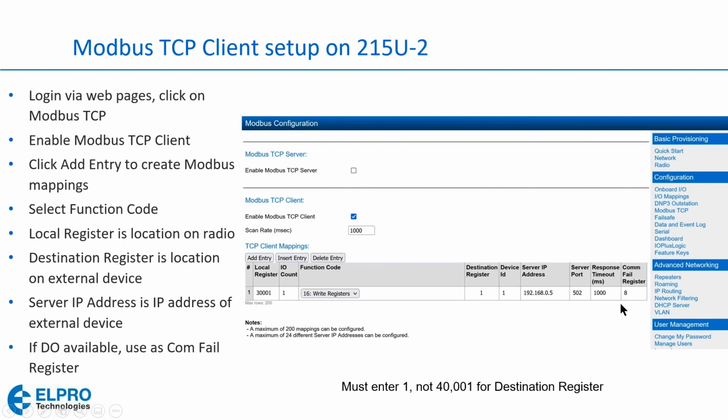This LED will turn on if this message is unsuccessful and turn off when it is successful. So once we have our mappings created, we go ahead and hit save and activate, and presto, we now have this 215U2 acting as a Modbus TCP client.